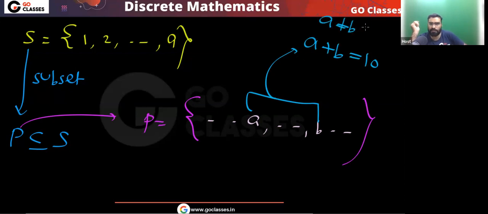And the question is asking, what is the minimum size of P to guarantee this happens?